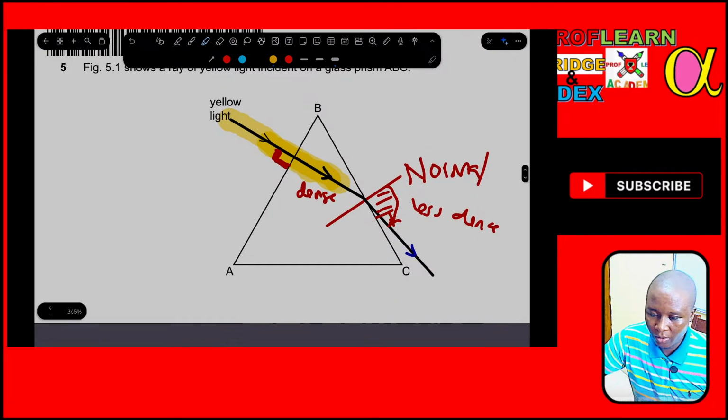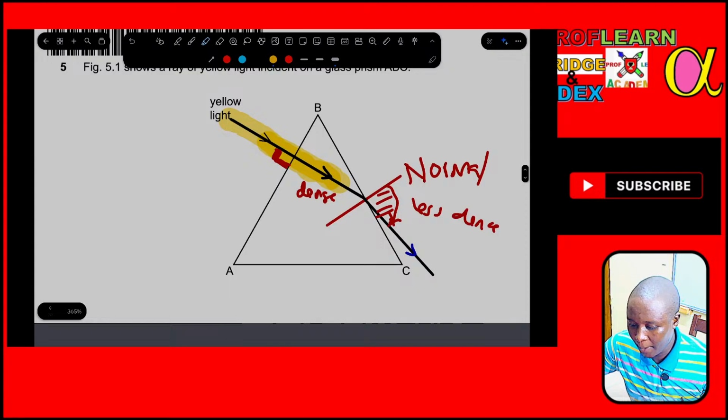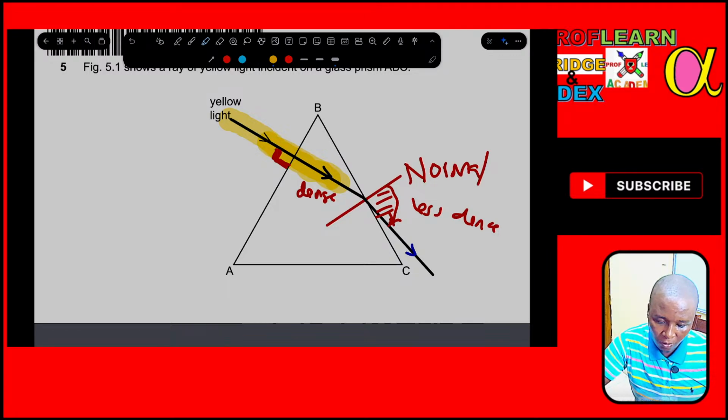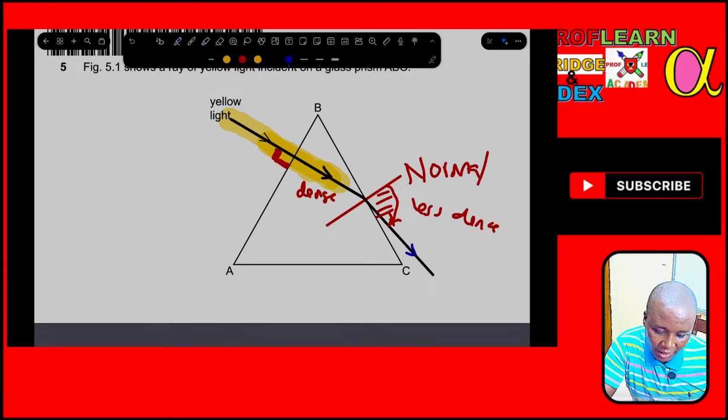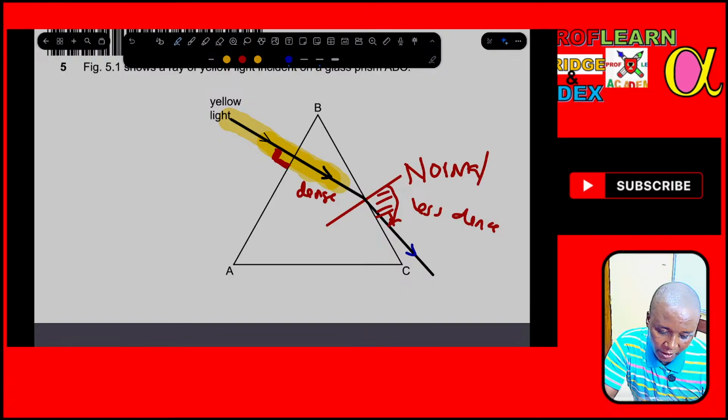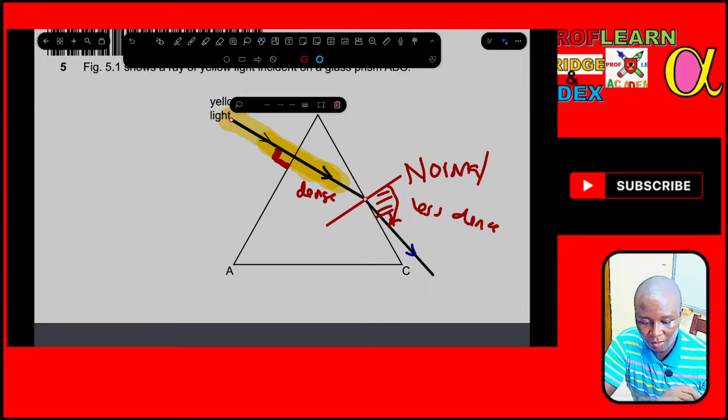Now, at that given point, candidates were supposed to remember that when a ray enters a material at 90 degrees or along the normal, it means that the angle of incidence is 0, then the angle of refraction is going to be 0. Hence, the ray at this particular region here is going to enter undeviated without undergoing any bending.